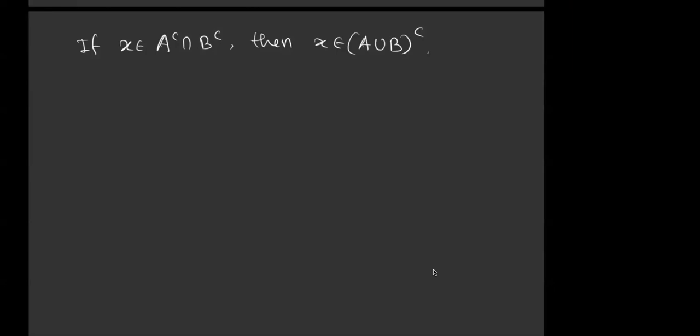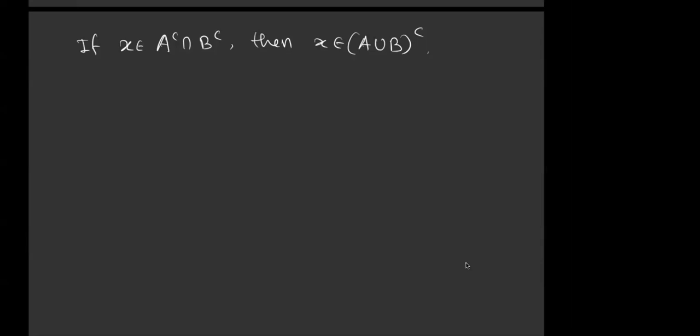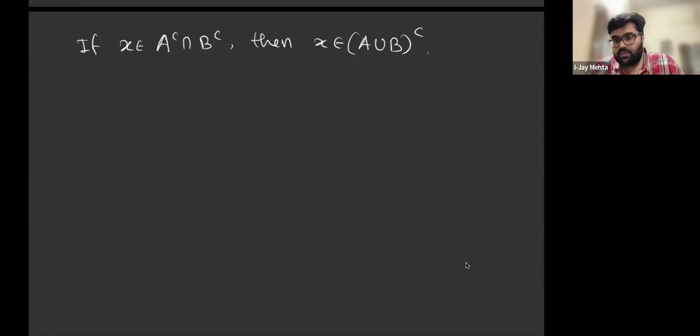Same answer, but what's most appropriate? Charvi? So we first assume that x is in A complement intersection B complement. Yes, thank you, Charvi. Let x belong to A complement intersection B complement. That should be our first step.